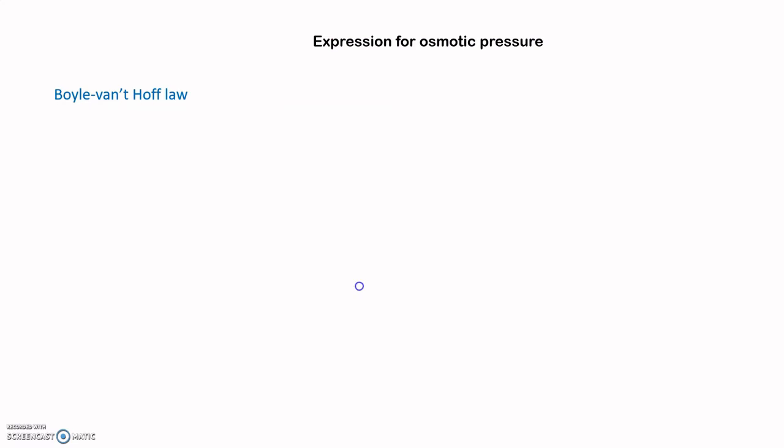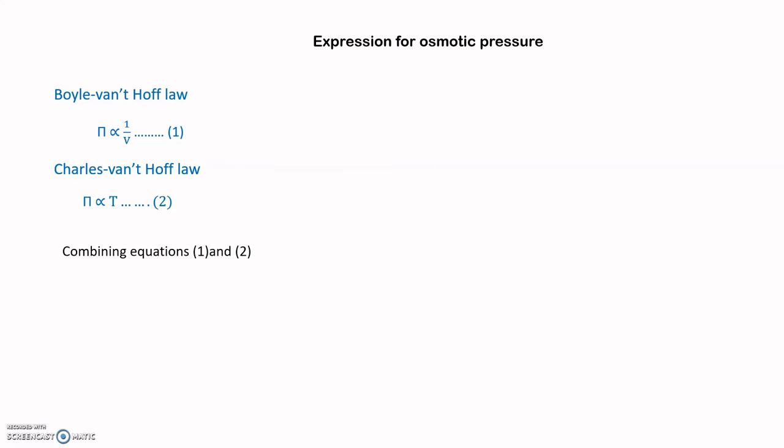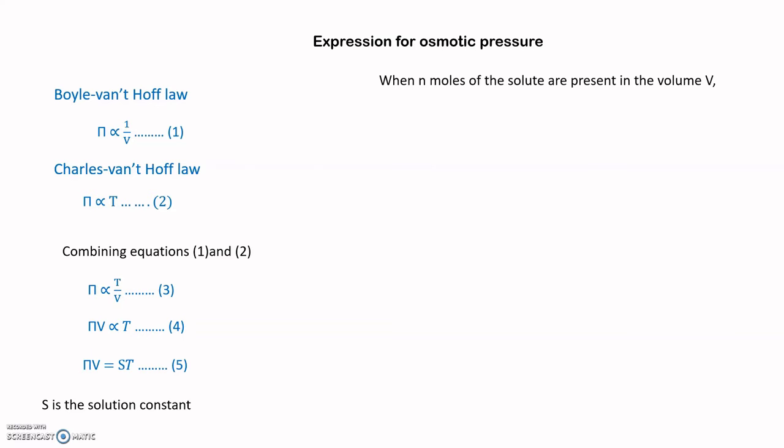We have the Boyle-Van 't Hoff law, which says that pi is proportional to 1 by V, and the Charles-Van 't Hoff law, which says that pi is proportional to T. You combine equations 1 and 2, you get pi is proportional to T by V, and rearranging, pi V is proportional to T. You introduce the proportionality constant S, pi V is equal to ST, where S is called the solution constant.